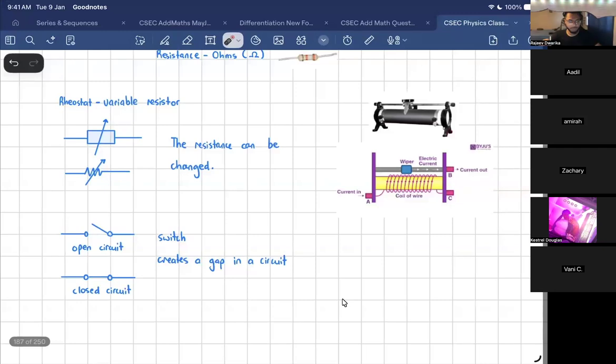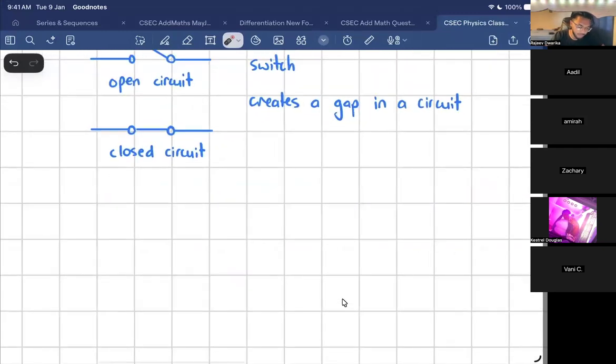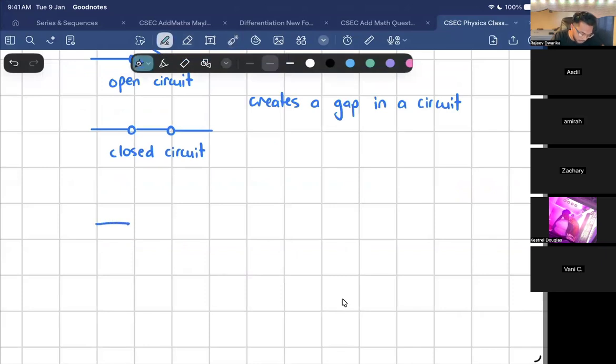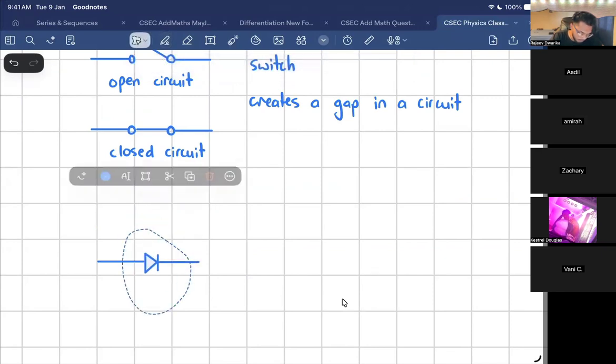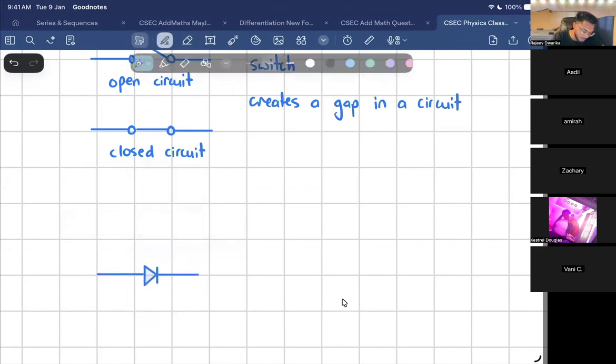Cool. What's another component we should look at? Well, you need to be familiar with a diode. Do you all know what a diode is? We typically call it a semiconductor diode. When you hear the word semi, what do you think of? Part of, partially.